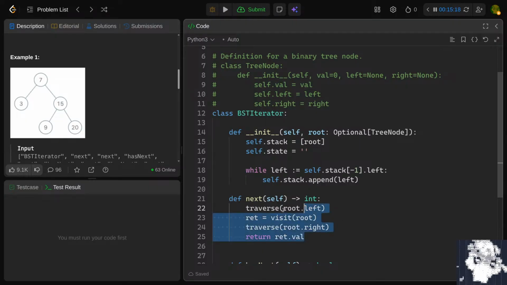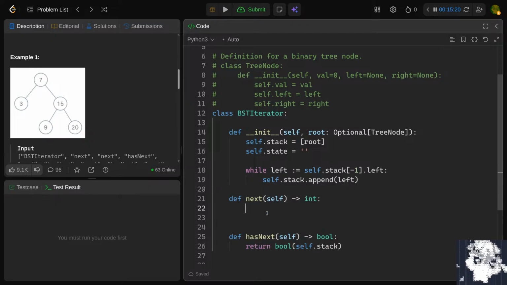Then anytime you call next, you start by getting the node that we're on, so the last thing in the stack, .val.